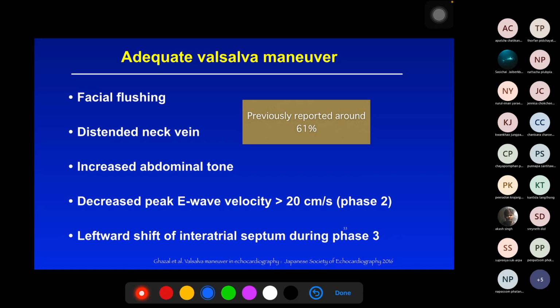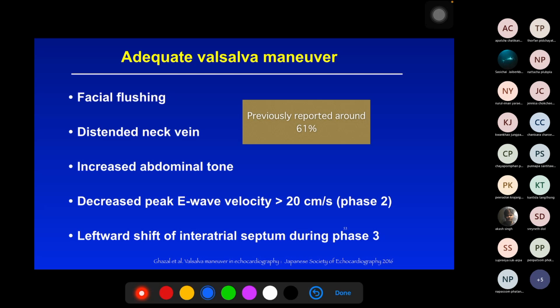Or sometimes you see distended neck veins, because intrathoracic pressure is increased and the blood return back to the heart is decreased, so there is back pressure to the venous system. You might see distended neck veins, or increased abdominal tone, a rigid abdominal muscle.